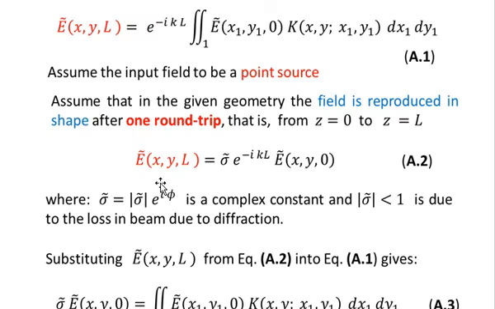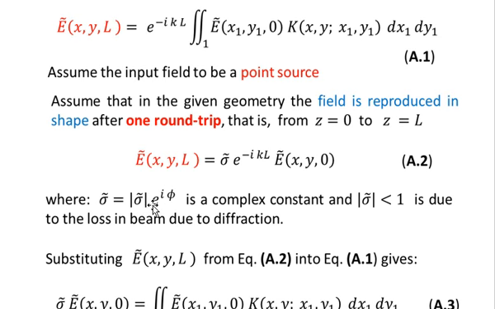And the field at that point, just before the lens 2, is represented by E prime of x, y, L, and that is equal to sigma prime e to the power minus iota kl, multiplied by E prime of x, y, 0, where sigma prime is equal to mod of sigma multiplied by e to the power iota phi.